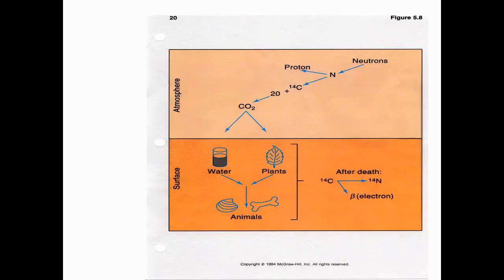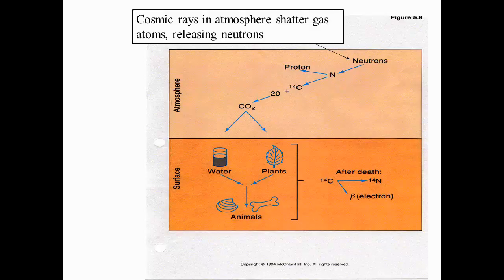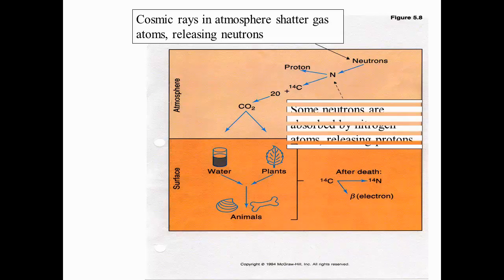Now, carbon-14 dating is typically not performed by geologists, but it's useful just to see what's the basis for carbon-14 dating. We start out in the atmosphere, where we have these cosmic rays entering the atmosphere, shattering gas atoms and releasing neutrons in the process. From there, some of these neutrons are absorbed by nitrogen atoms within the atmosphere.